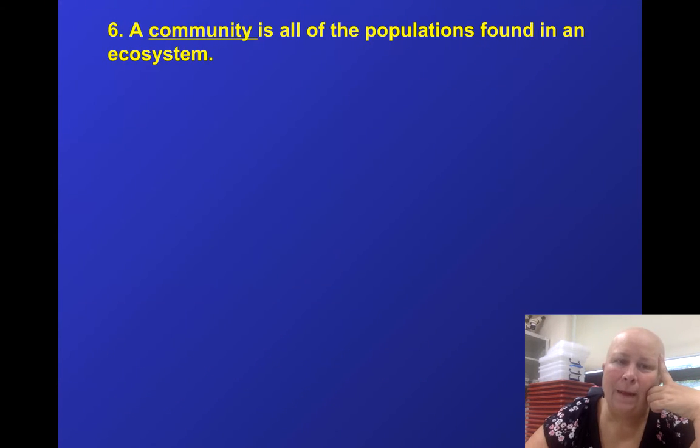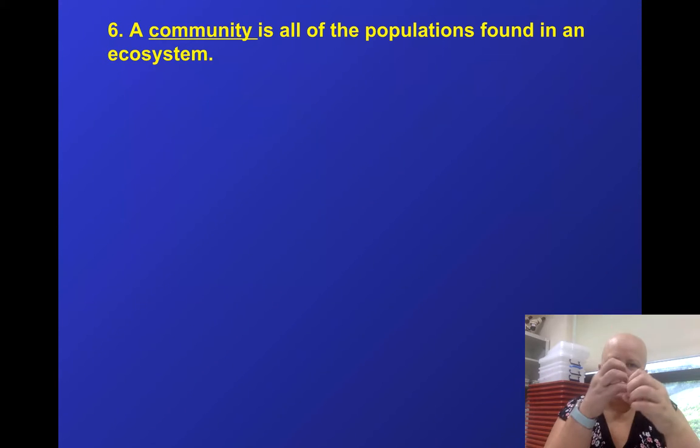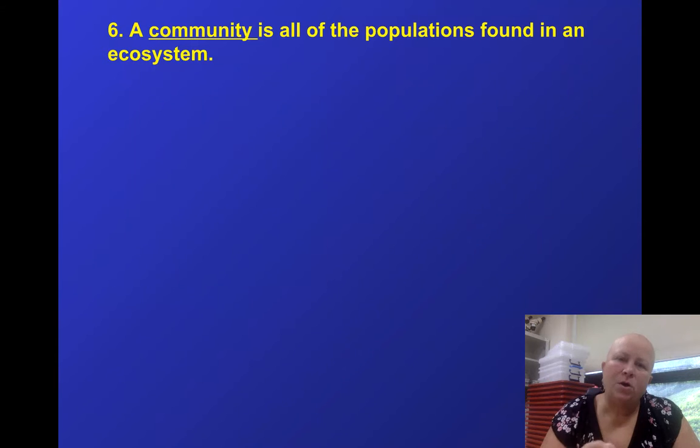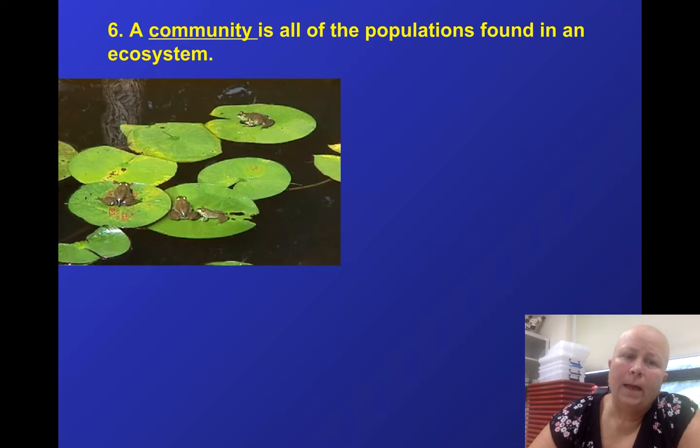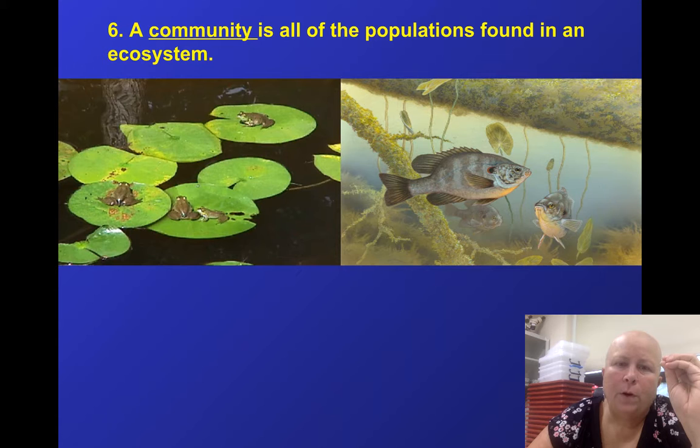Okay. The next step up is when you get all of the populations, all the species populations, and then those are all together in one ecosystem, we call that a community. So a community is all of the biotic populations within an ecosystem. An example, again, all of these green frogs, that population, the population of the lily pads, and then whatever fish are in there, all those are part of the community.